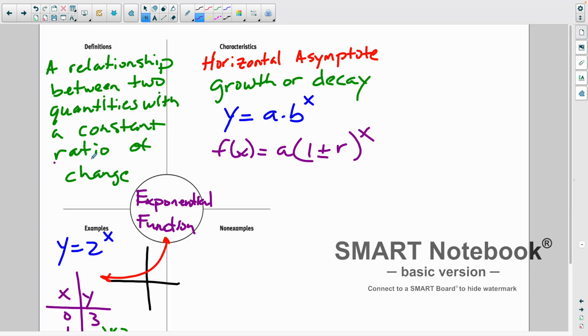All right, keyword being that ratio is what has changed here. Linear is a constant rate of change. Exponential is a constant ratio of change. Okay? Any questions about that?